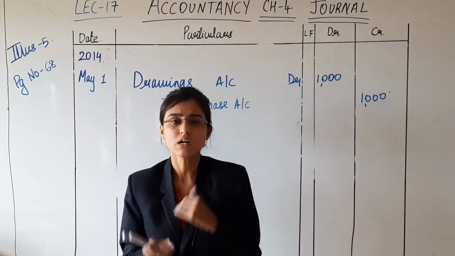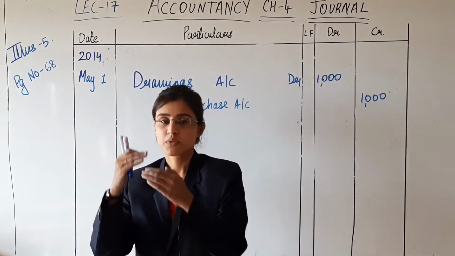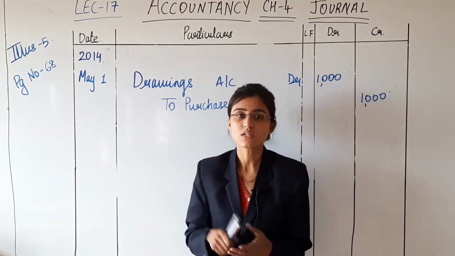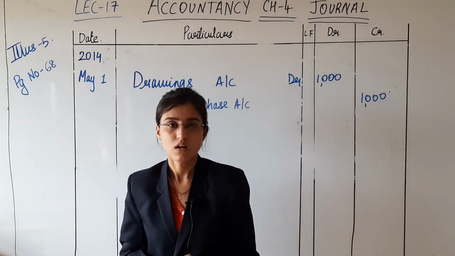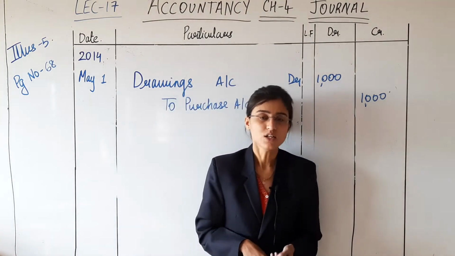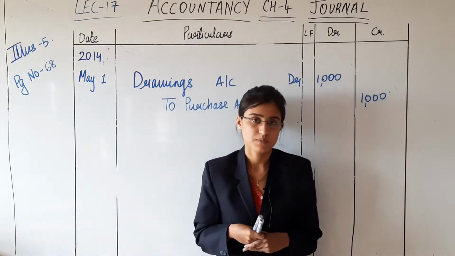If goods are recovered back, then you will just reverse it because the case is reverse. Firstly, they were lost, now they are recovered. So the journal entry is reversed. You can check purchase account debit 100 to loss on goods stolen account 100. So ultimately now your loss is only of 400.